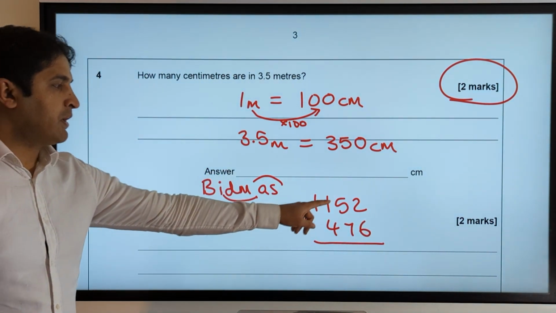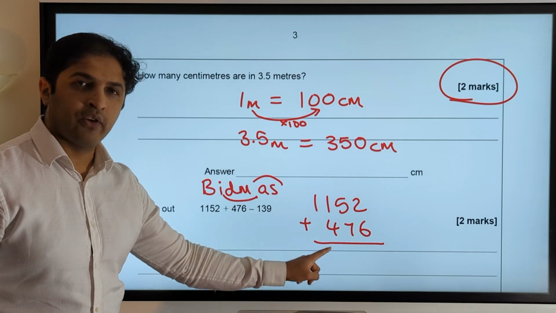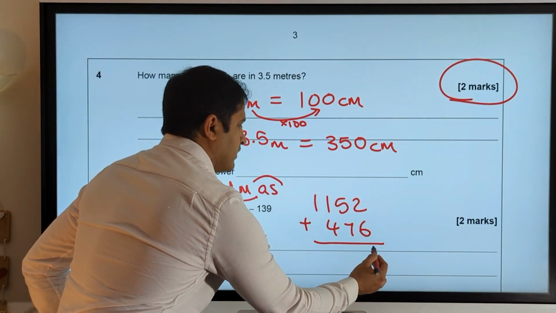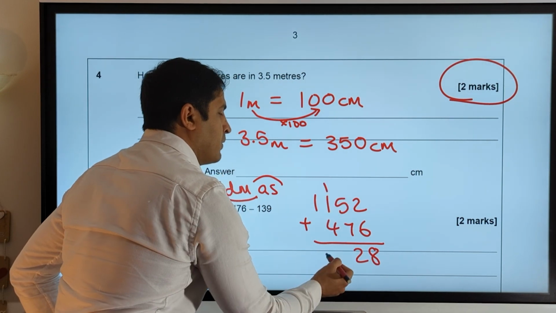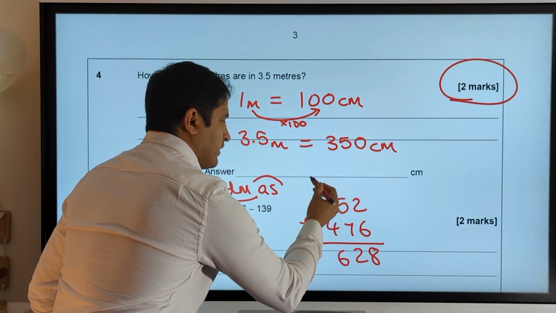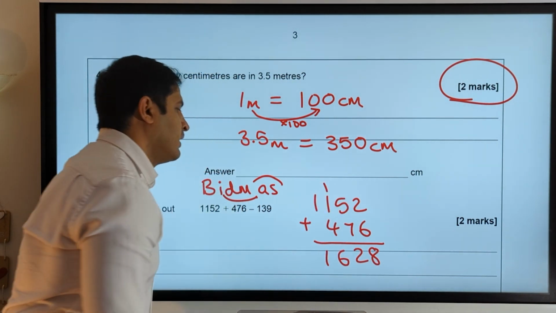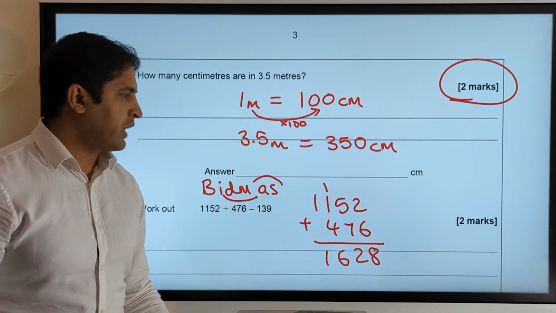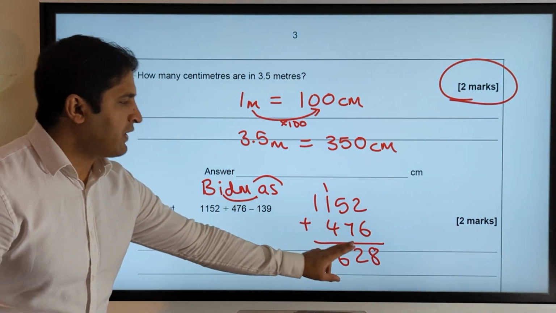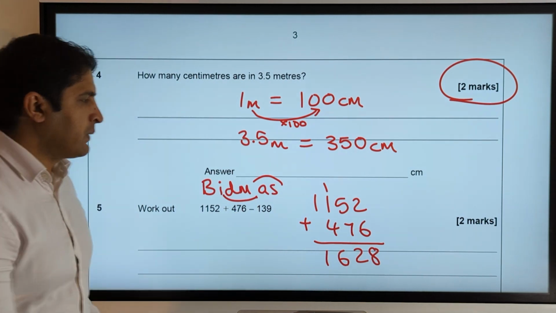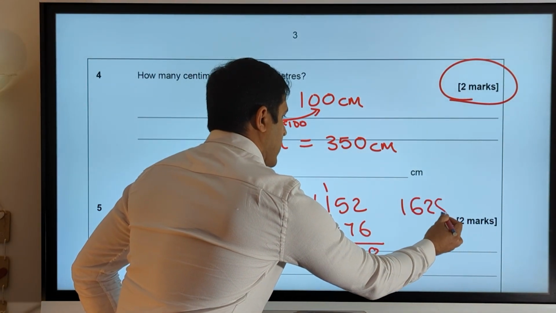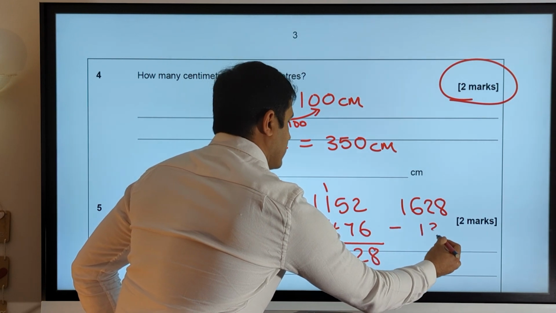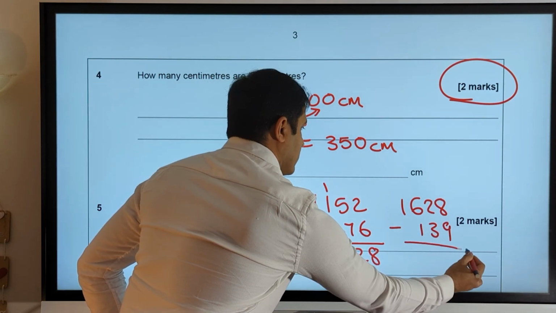The key thing is to make sure you line up units, tens and hundreds. 8 units, 12 tens, so you carry one forward. So we got 1628. That would get you 1 mark. Now we need to take away 139. So we got 1628, take away 139.